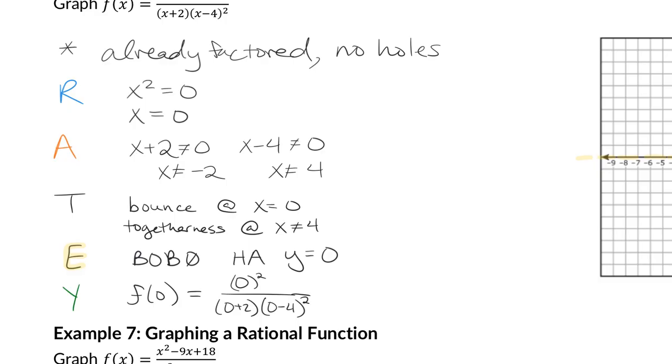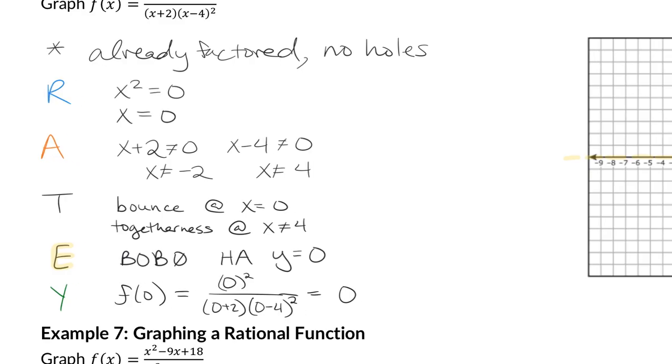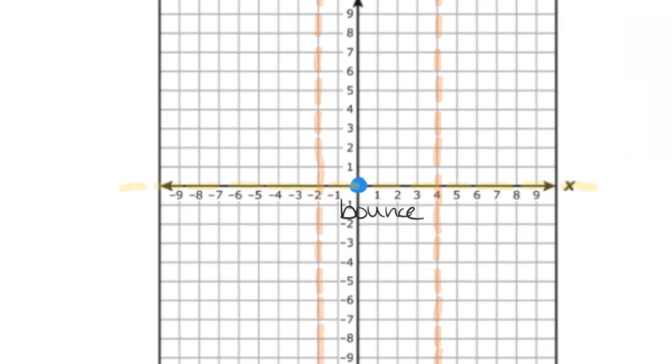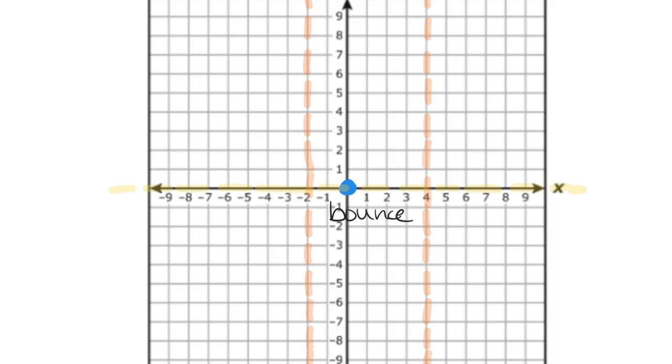What do you notice about the numerator? If a numerator is 0, that means the whole thing is 0. If a denominator is 0, that's broken, that's undefined. But if a numerator is 0, it's 0. And our denominator would not be 0. So we know that we have a y-intercept at 0. And this makes sense because we've literally already plotted that here.